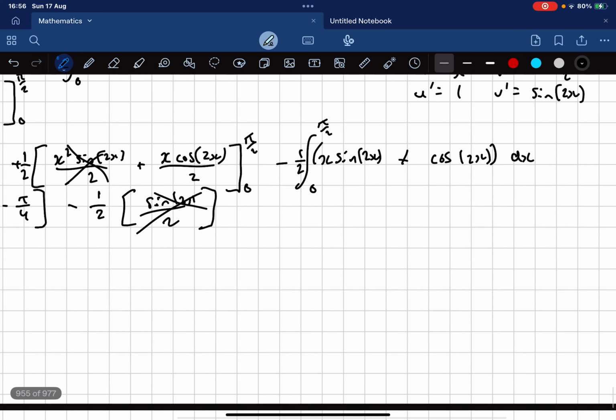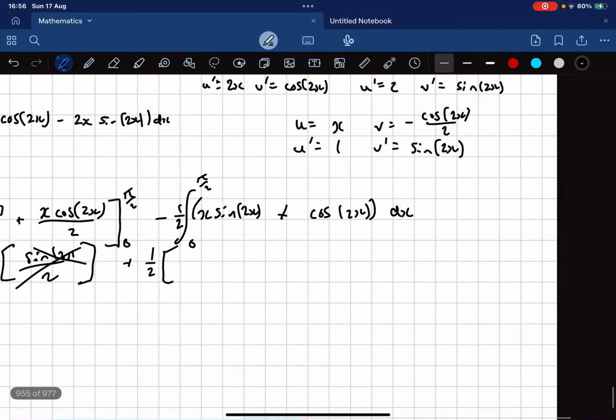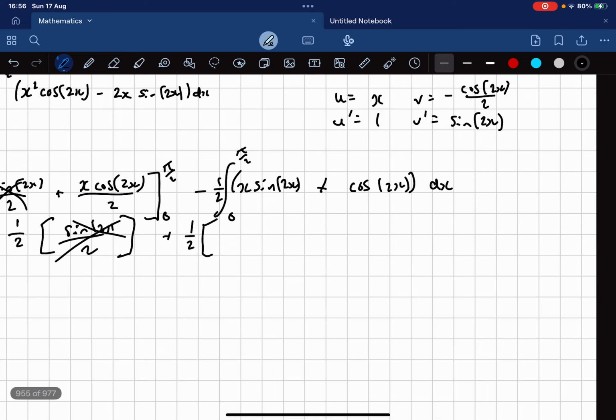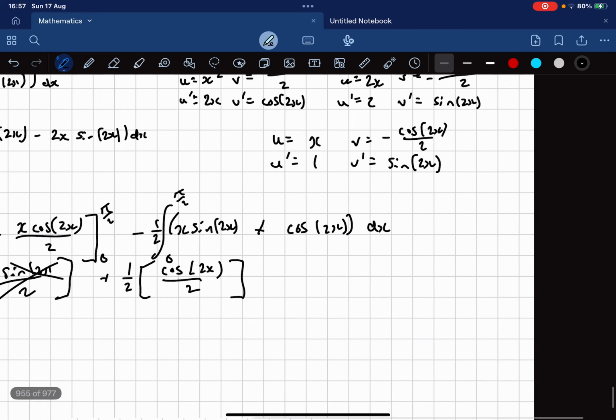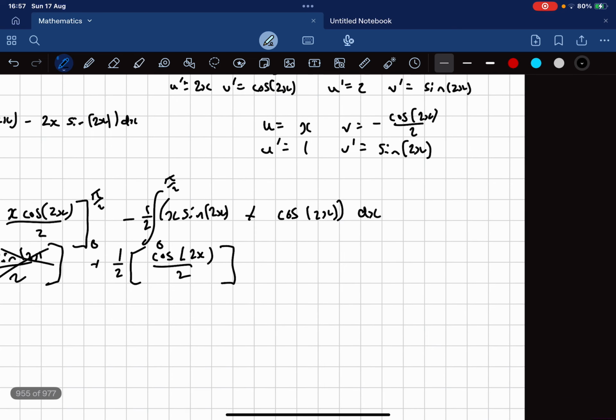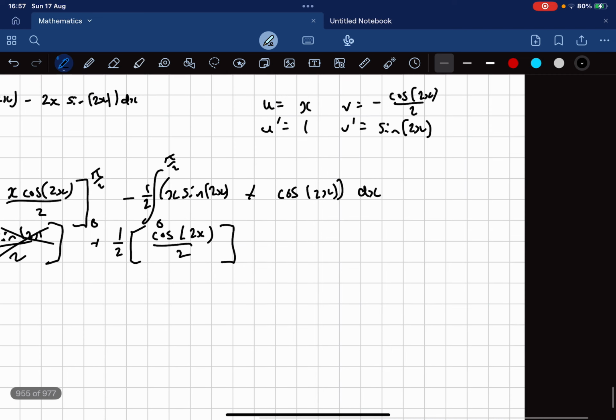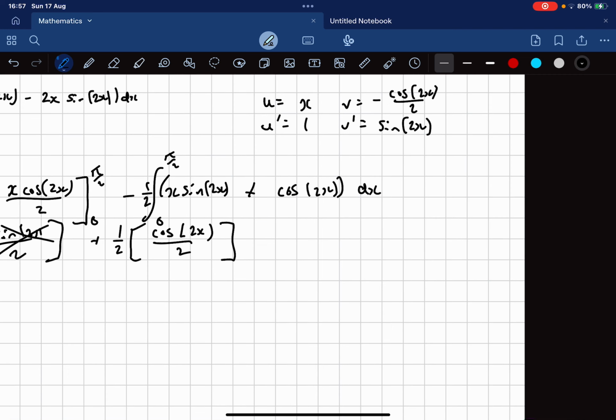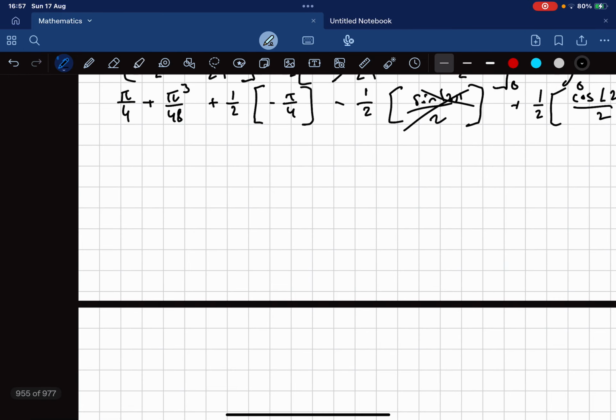And then we have plus a half of cos 2x over 2, from our integration by parts. And then we're going to have a triple negative, I believe. So it's minus the integral of cos of 2x over 2, which we can recognise now will have a sine 2x, so we can cancel that all out. Okay. So we have pi over 4.